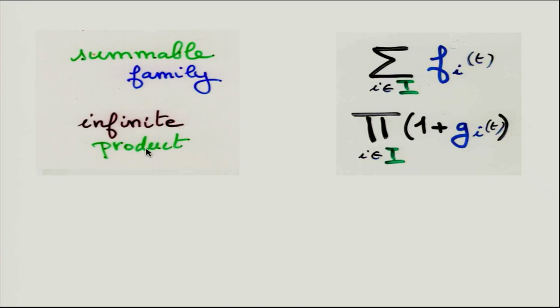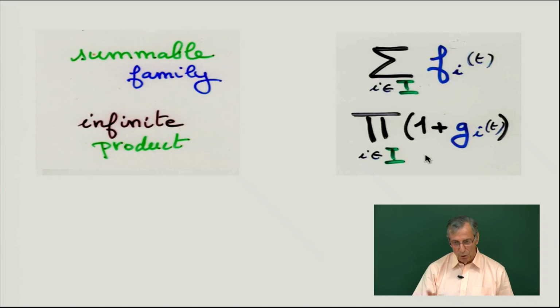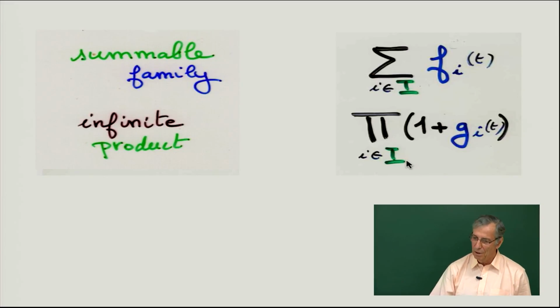Equivalently, you also have the kind of infinite product. If you take the product of all these, by taking the rule of product of power series, if you collect the term in t power n, then there will be a finite number of elements in I which contribute to give you the term in t power n.